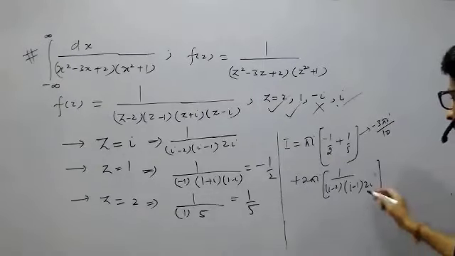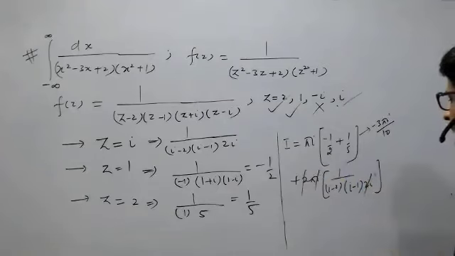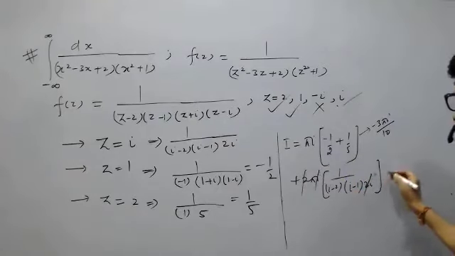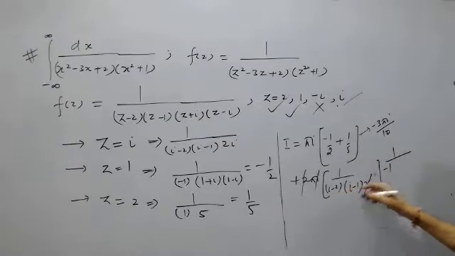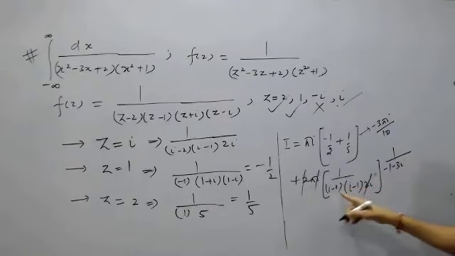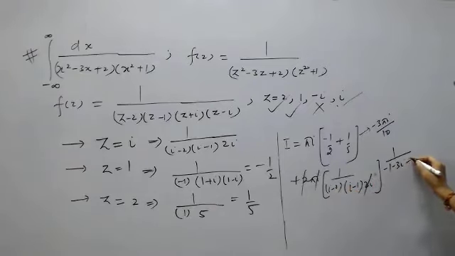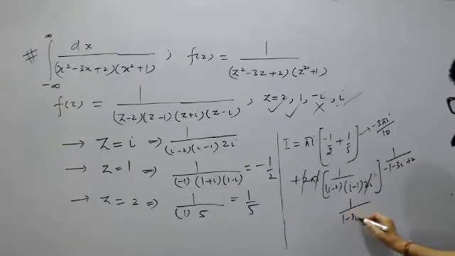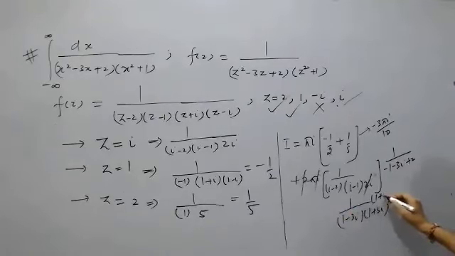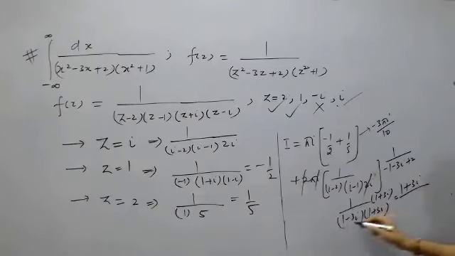Yes? And 2i will be cancelled here. This will become 1 upon minus 1 minus I minus 3i and plus 2. So it will become 1 upon 1 minus 3i. So multiply by 1 plus 3i, 1 plus 3i. So it will become 1 plus 3i by 1 square plus this 10.